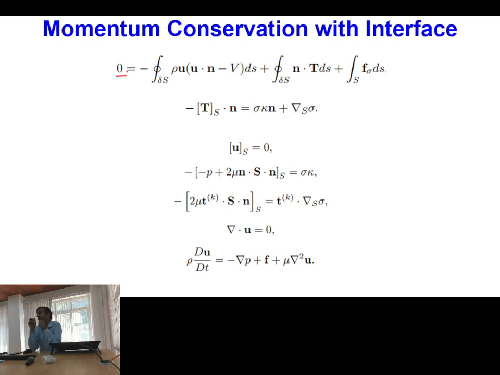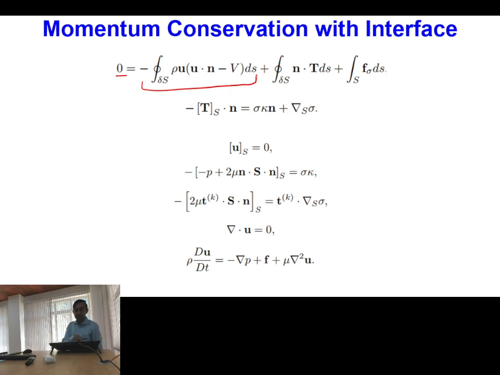If the thickness is extremely small, it will not carry any momentum in its volume. So if there is no momentum in its volume, then the del rho v vector by del t term will be 0.